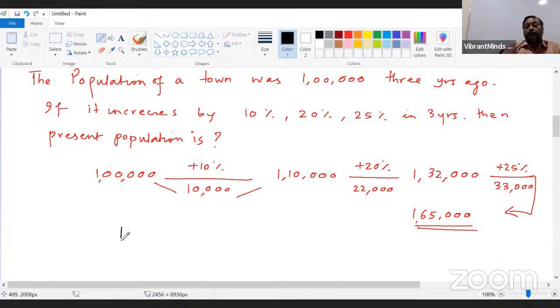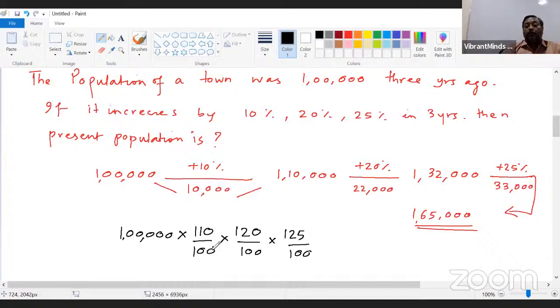See, it is 100,000 or 1 lakh, whatever you may say. A 10% increase means making it 110%. A 20% increase means making it 120%. And a 25% increase means making it 125%.